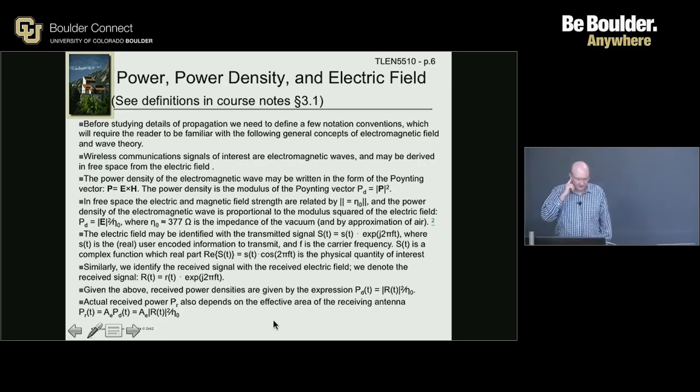Next, we're going to see a little bit about ray tracing. And that's the only part of the course where we're going to spend a little bit of time on notations. We have to be a little careful because to look at the ray tracing, we need to pay close attention to what the signal looks like.